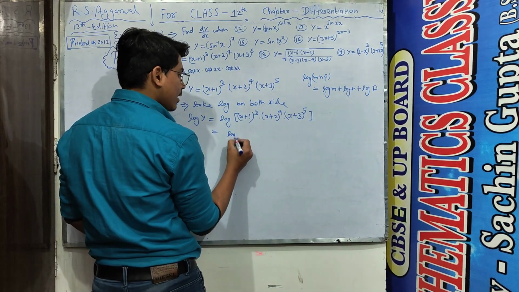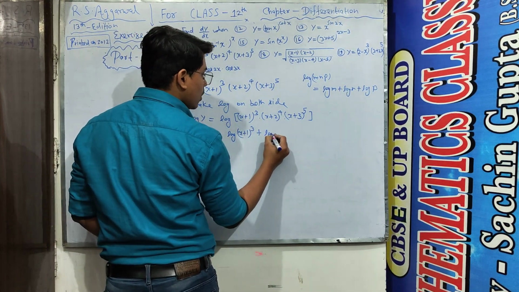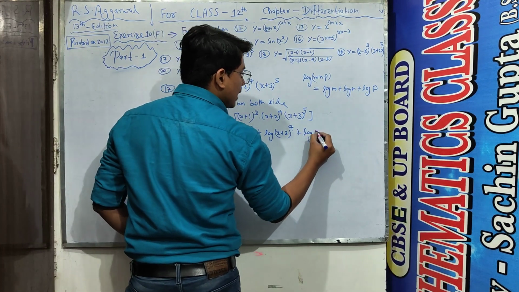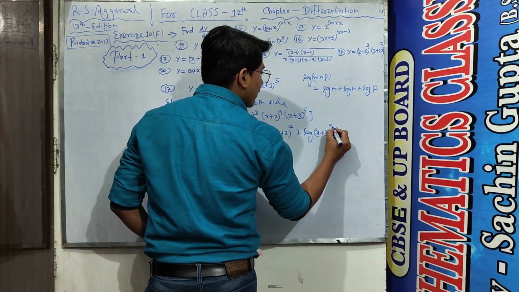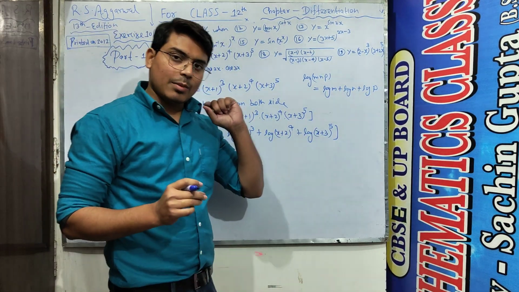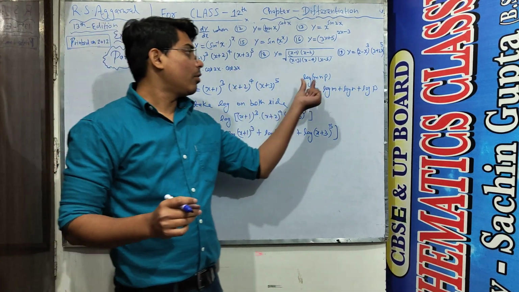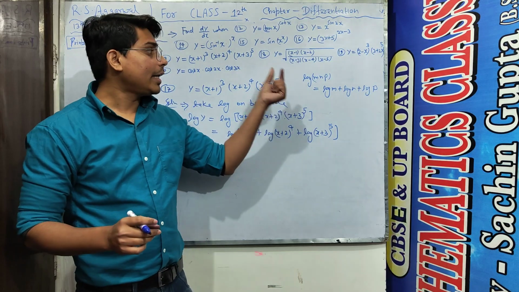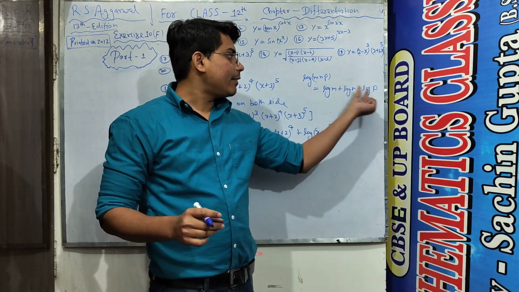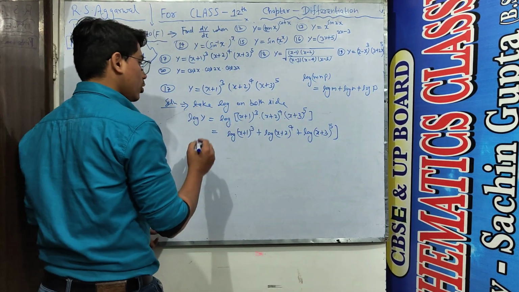So I write these functions like log (x plus 1) whole power cube plus log (x plus 2) whole power 4 plus log (x plus 3) whole power 5. This is the formula of log, student. Whenever some numbers come in multiplication with a log, then its value is equal to the sum of the different functions with log. This is the formula of log, student.